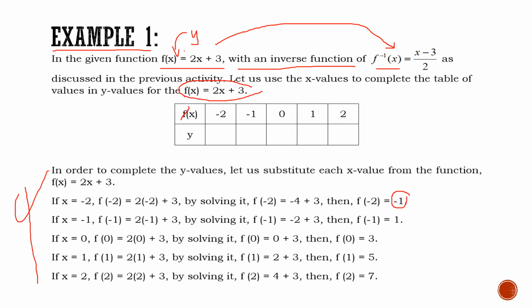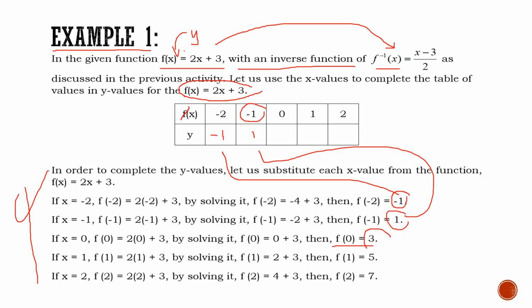So there is a value of y which is equal to negative 1. Once we apply negative 1 as the value of x, negative 2 plus 3 is positive 1, so that's why there is a positive 1 here. And once we apply 0, 0 multiplied by 2 is 0, plus 3. So f of 0 is equal to positive 3, a value of y if x is 0.